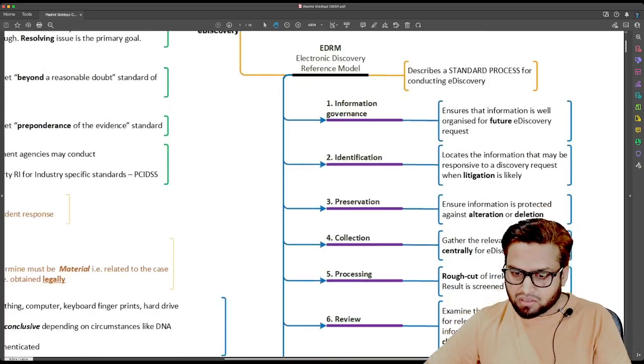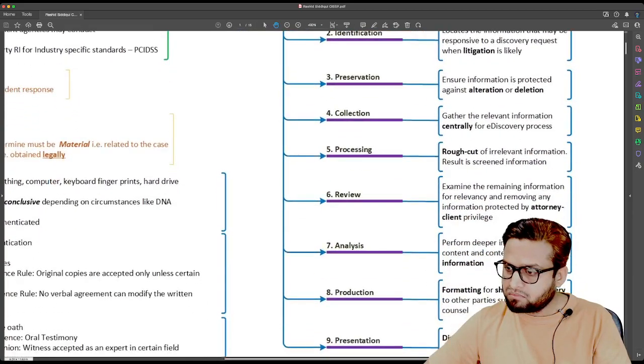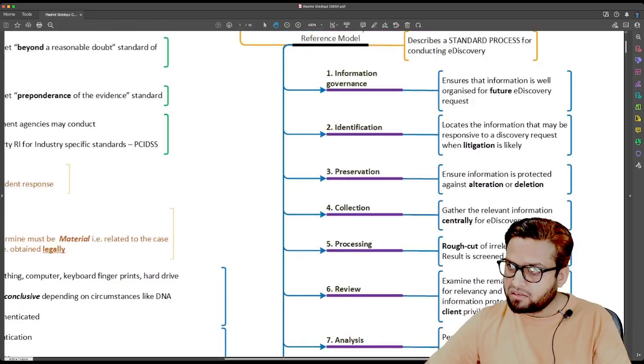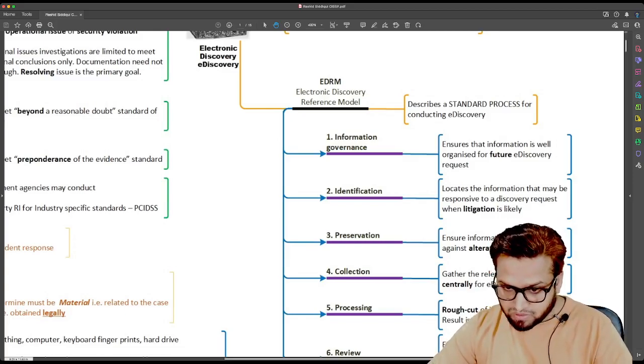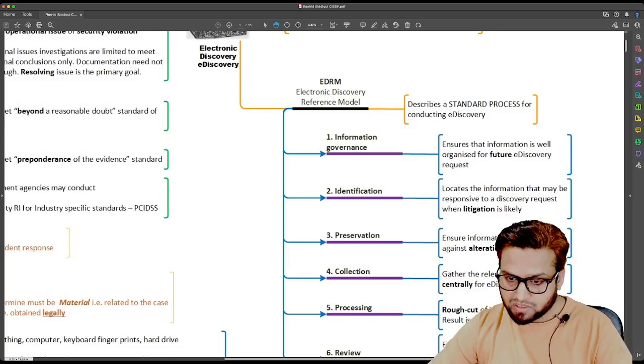Now it has, I think, nine steps. So first is information governance. Information governance ensures that information is well organized for future e-discovery requests.